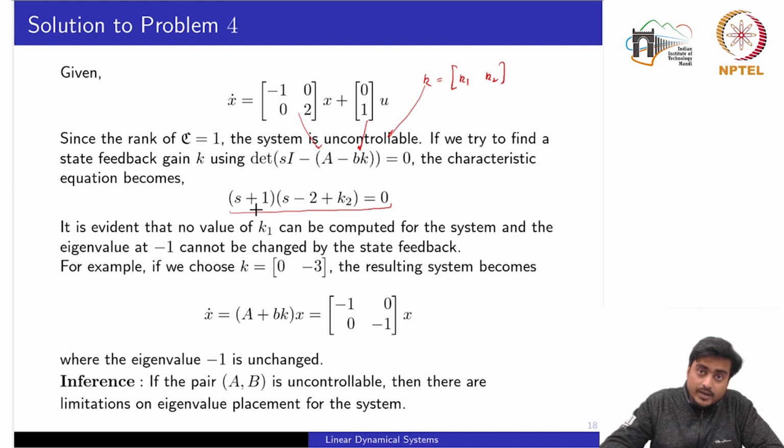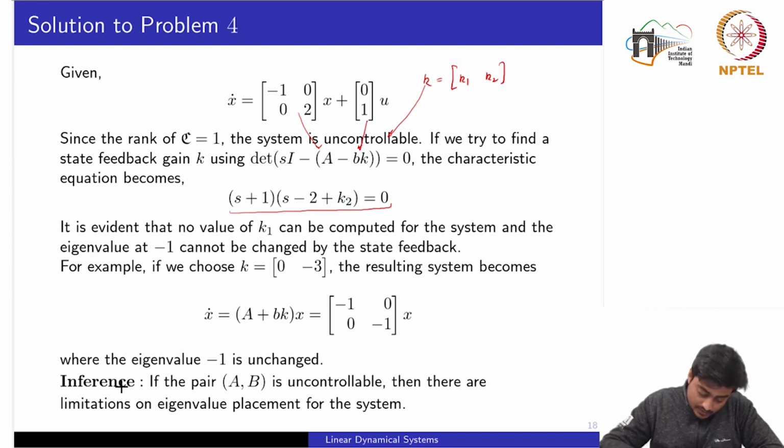This eigenvalue would remain as it is, that is one of the poles located at -1, it cannot be changed. But the other eigenvalue, which is located at 2, meaning the system is an unstable system, we can place anywhere in the s-plane.